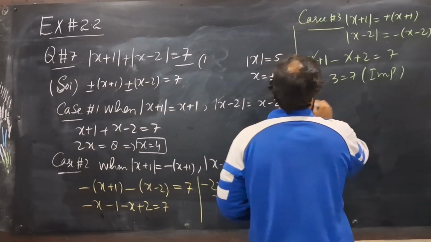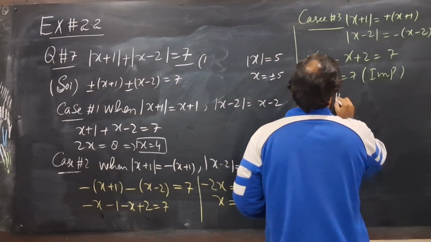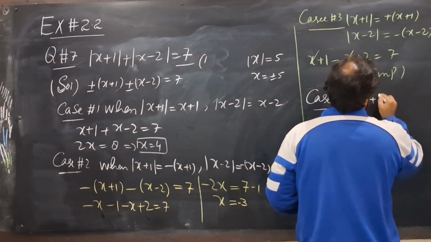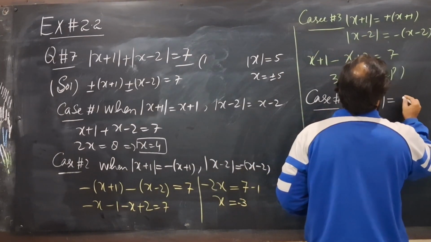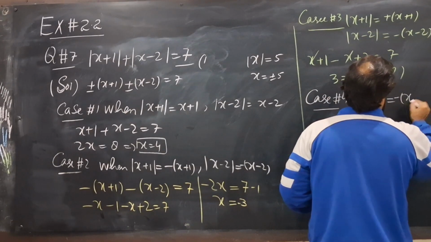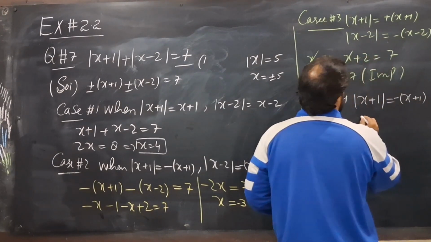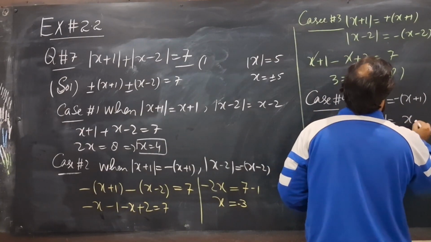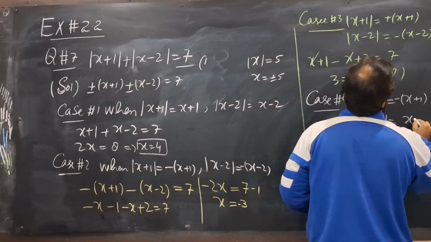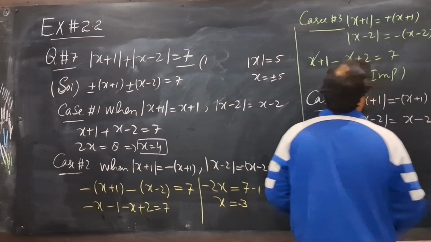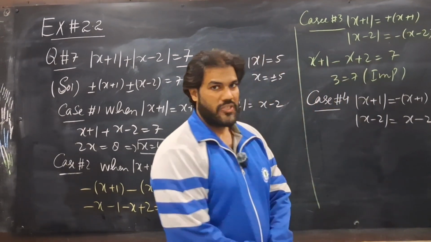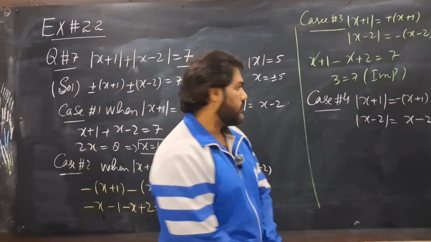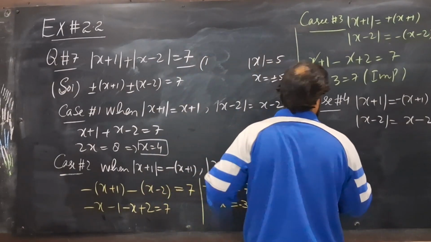Last case, case number 4. The absolute value of x plus 1 is equal to minus x plus 1, and the absolute value of x minus 2 is equal to x minus 2. Now the absolute value of x plus 1 is negative and the absolute value of x minus 2 is positive. This case is also not possible.